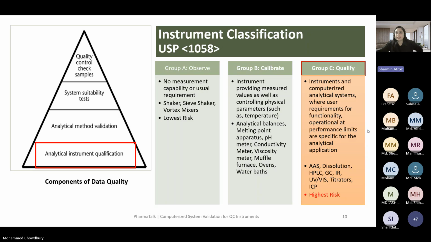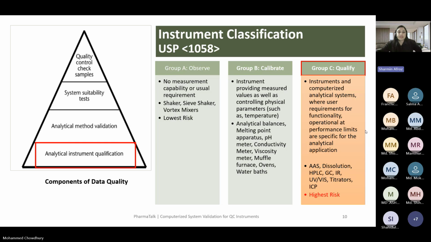Can we classify the instrument under USP 1058 analytical instrument qualification based on risk? Yes, we can classify it as per 1058 because it is risk based. From the definition, if it has no measurement capability, then it lies in Group A, like a shaker.